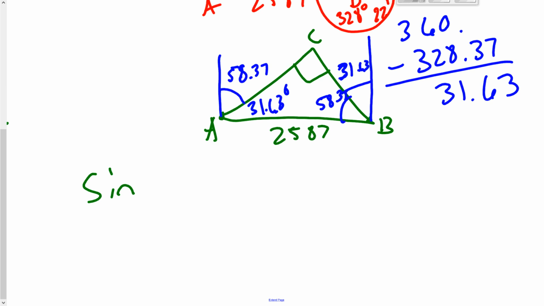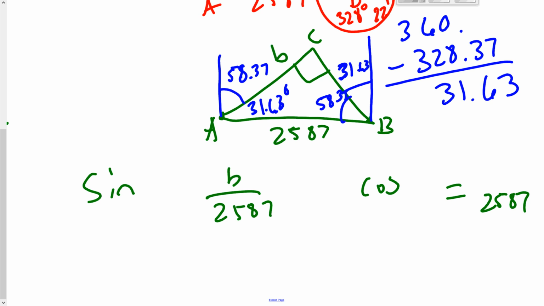And so we can use sine or cosine because we know the hypotenuse, right? 2587, and we're trying to find the distance from A to the coral reef. So from A to the coral reef, that'd be little b. So b in relationship to the 31.63 is adjacent, so that'd be cosine.